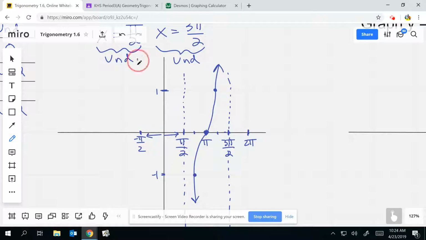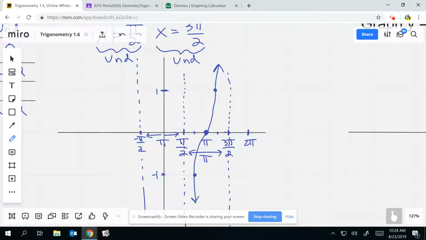That would be another dotted line right here. That between those two is actually 1 pi. Between negative pi over 2 and positive pi over 2 is pi, just like between pi over 2 and 3 pi over 2 is also pi. So you can keep going another pi and another pi and another pi and make as many dotted lines as you want to.